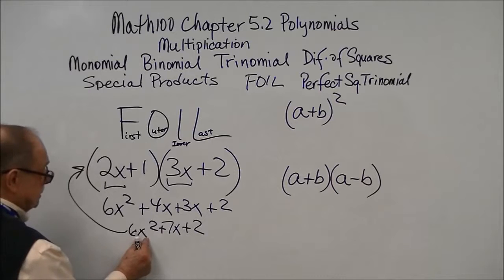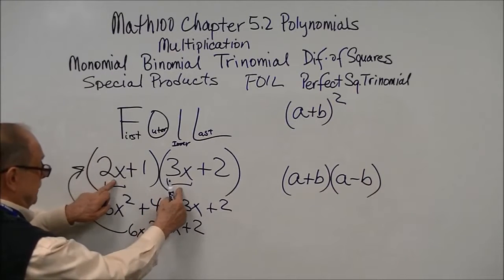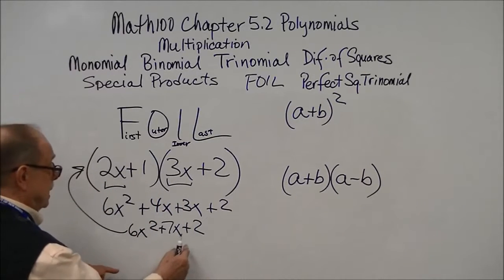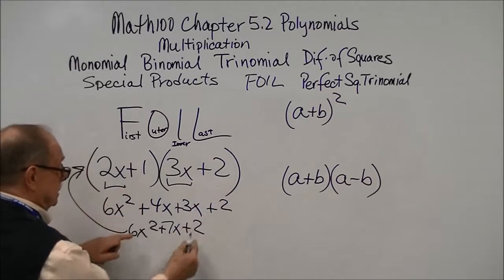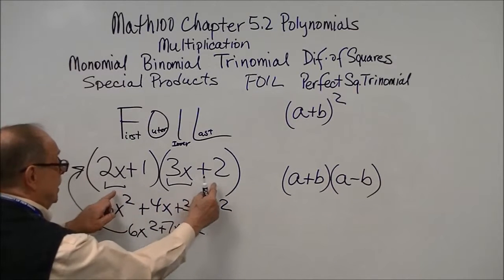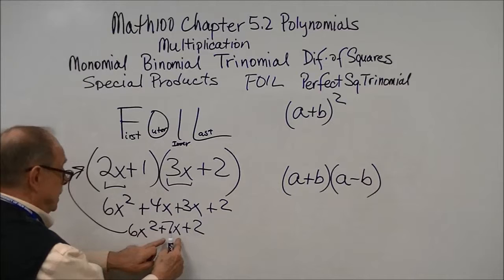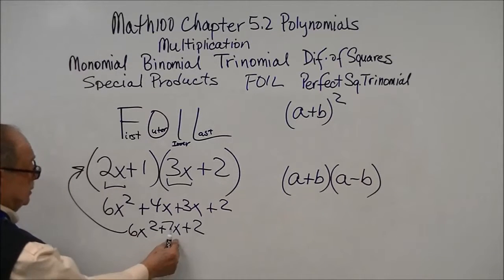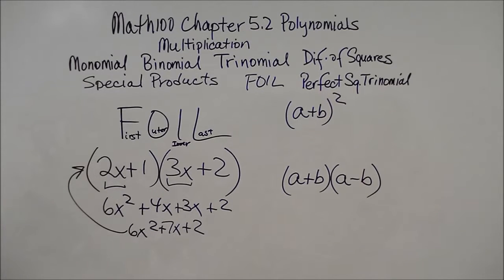So what two terms did we need to get this? Well, we needed our first. To get our last term, we needed these. And then when we multiply the outers and the inners, they had to add up to our middle term here. So there's the FOIL. Again, many of you should remember it from high school, but it's an important part of what we're doing.